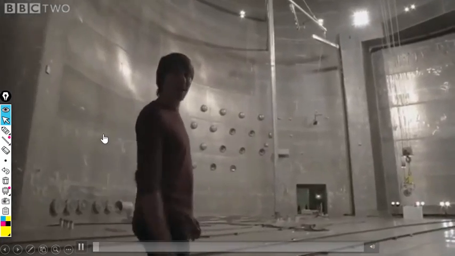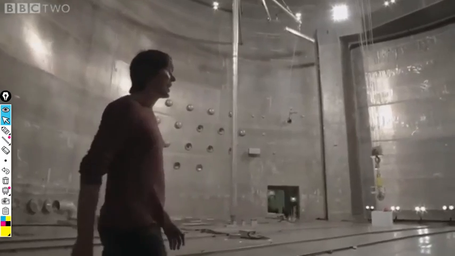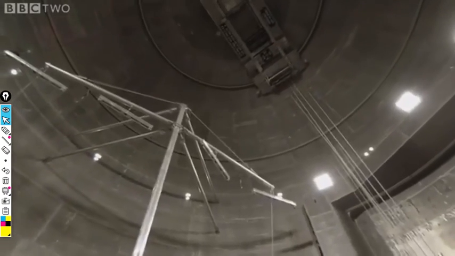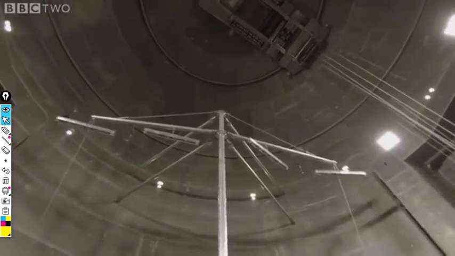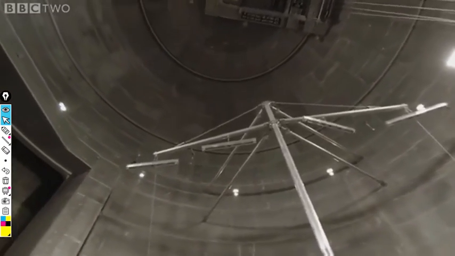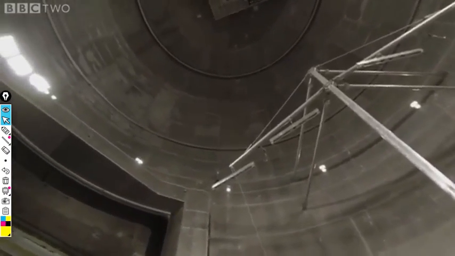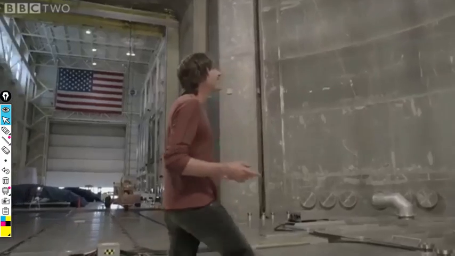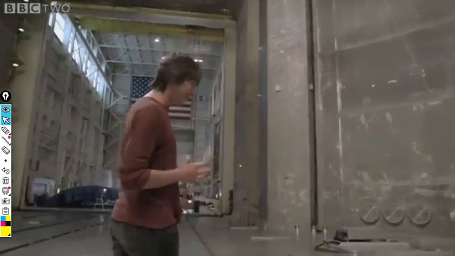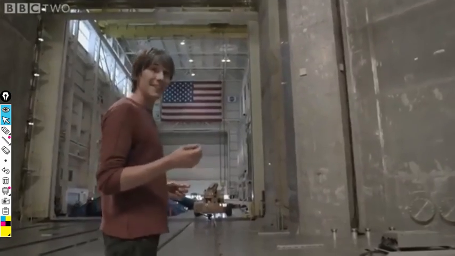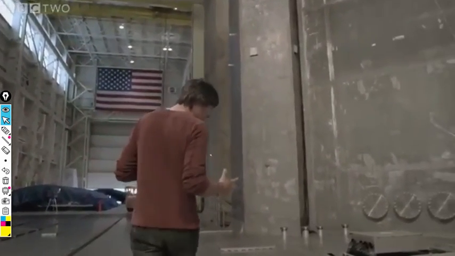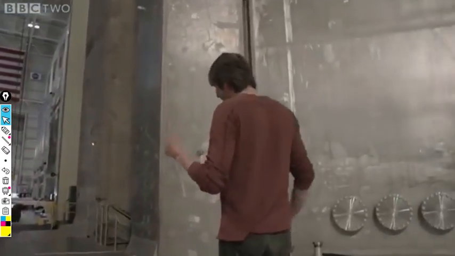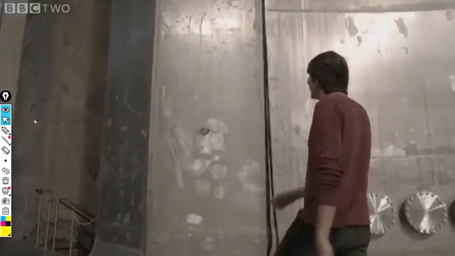This is NASA's Space Power Facility near Cleveland, Ohio, and it is the world's biggest vacuum chamber. It's used to test spacecraft in the conditions of outer space, and it does that by pumping out the 30 tons of air in this chamber until there are about 2 grams left. It was built in the 1960s as a nuclear test facility to test nuclear propulsion systems, and that meant they built it out of aluminium to make the radiation easier to deal with.